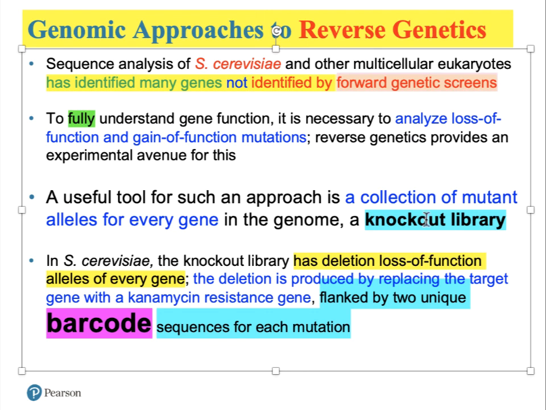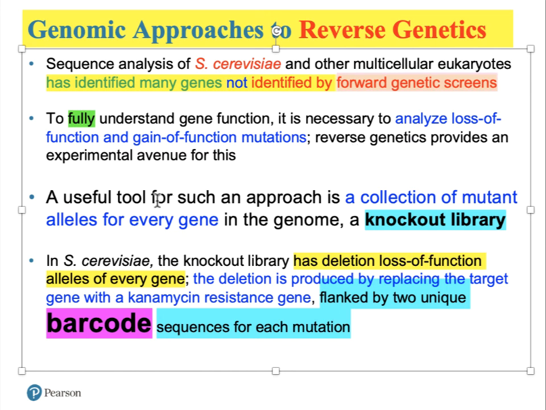Evidently, to fully understand gene function, we need to analyze both loss of function and gain of function mutations. And unfortunately, forward genetics is unable to supply all the necessary components.